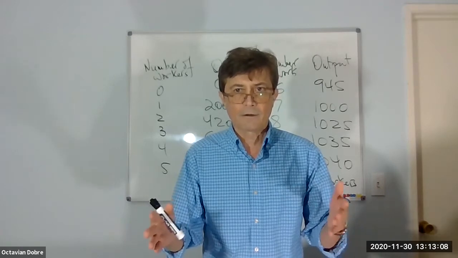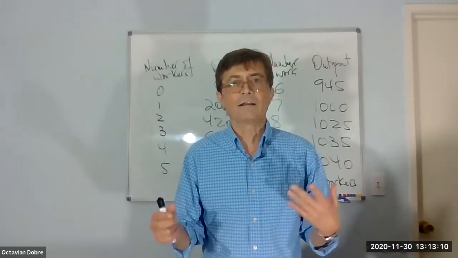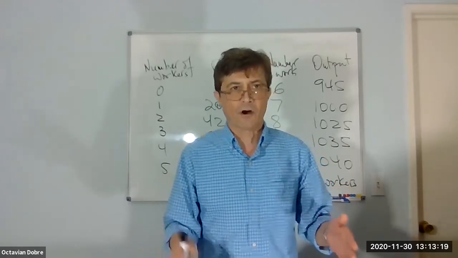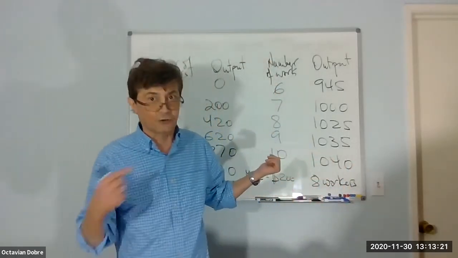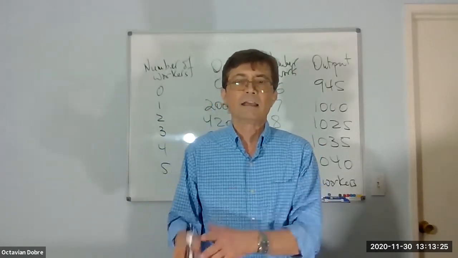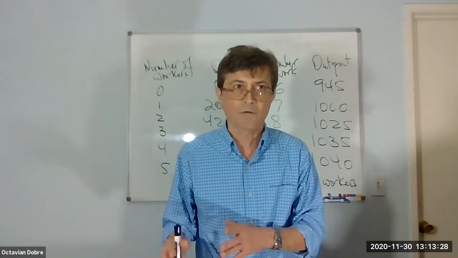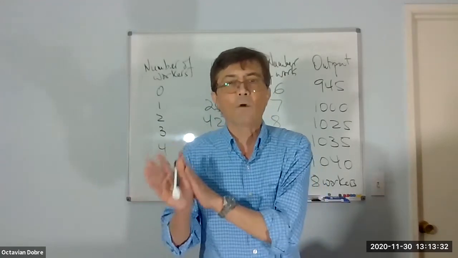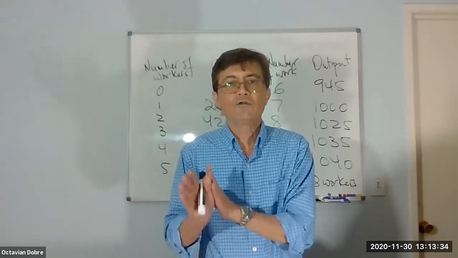Yes. Okay, are you with me so far? Yes. Okay, so marginal revenue product equals marginal factor cost. Since marginal factor cost is 200, that means that marginal revenue product needs to be equal to 200. Okay. We know how many workers we need to hire.